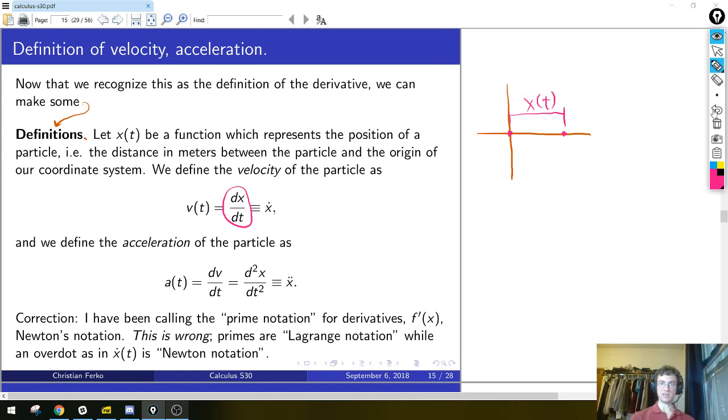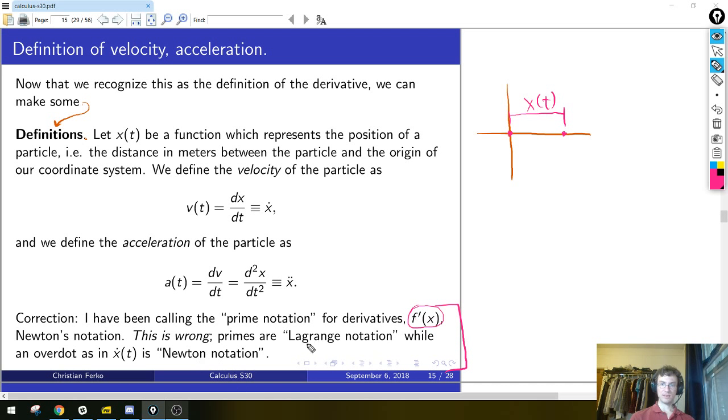dx dt. And in particular, when we use derivatives with respect to time, it's very common to use this dot notation, an over dot, instead of a prime. Now I should make a correction, because I, in my head, just call these two things prime notation and dot notation. There are actually people's names that go along with them, and I've been saying them wrong. This whole time, when we spoke about prime notation, I've been saying that f prime is Newton notation, but that's wrong.